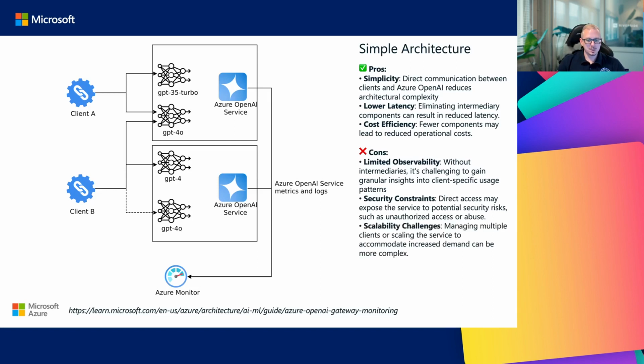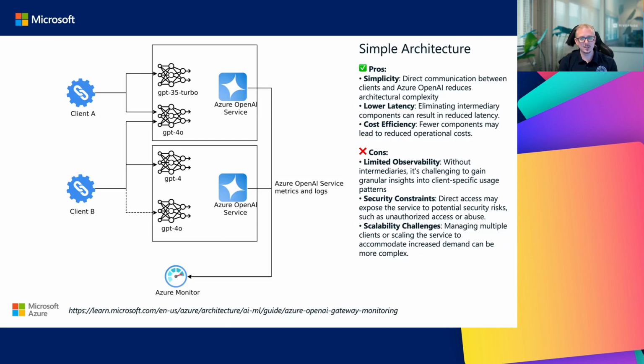There's also some security constraints because we're dealing with relatively few services here, and we do have direct communications. There are not many points at which you can engage security controls. So there is potentially a problem here with security risks, unauthorized access, abuse, etc. It's also quite difficult to scale with a simple architecture like this.